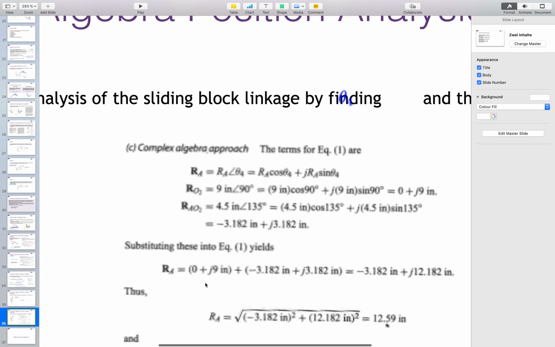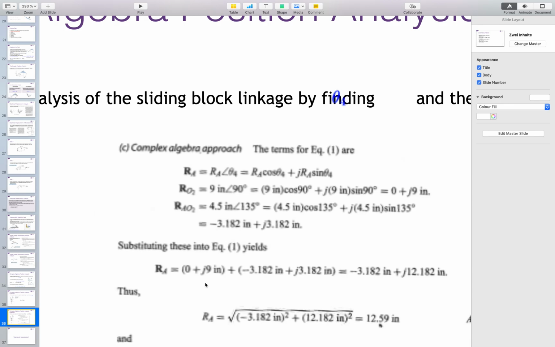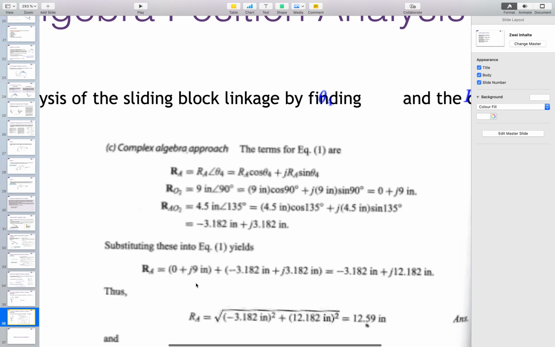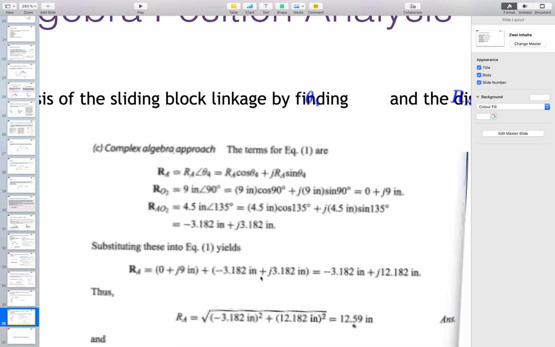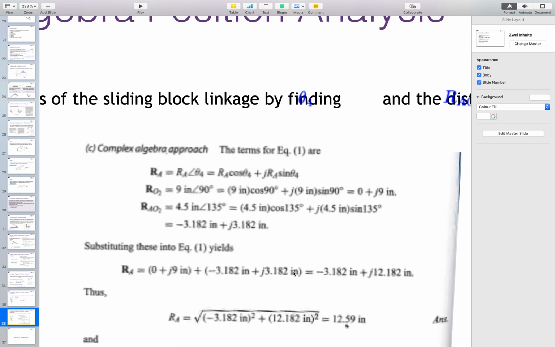We know that in the complex space, the imaginary part would be summed with the imaginary part and the real part with the real part, which means that we're doing 0 plus -3 here, and 9 plus 3.182, which would end up with this representation of that vector.